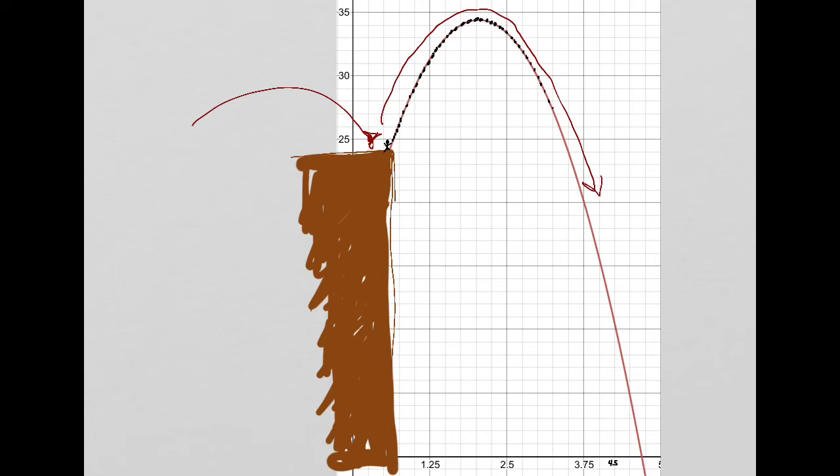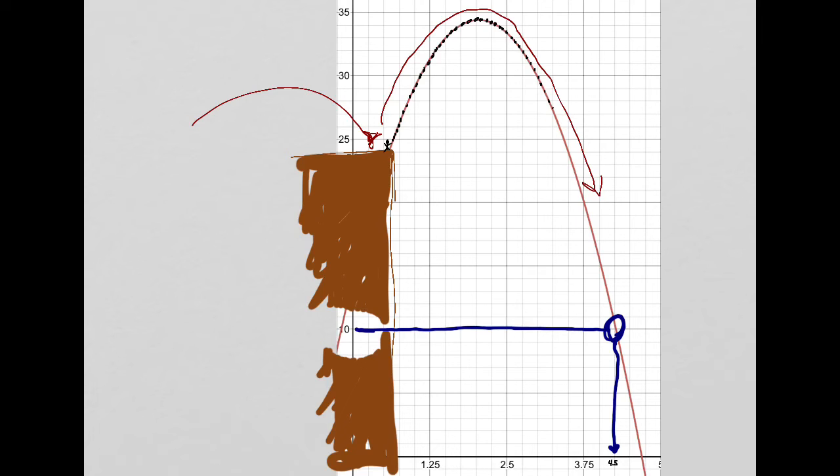What we are asked to do is find out when the rock will be 10 meters above the ground. At 10 meters above the ground, it looks like our rock is going to be about right here. And if I follow this down, it looks like it's about 4.5 seconds.